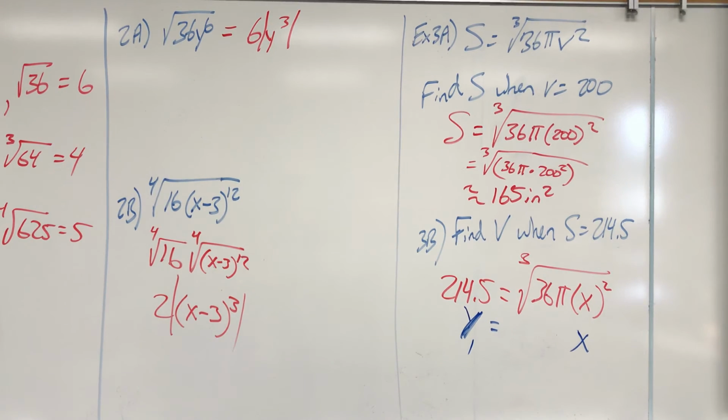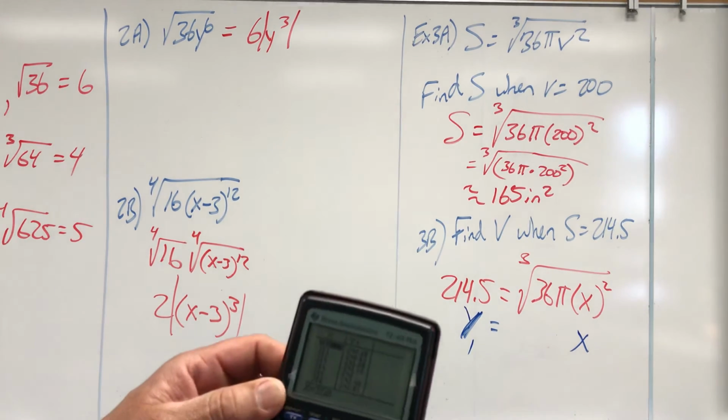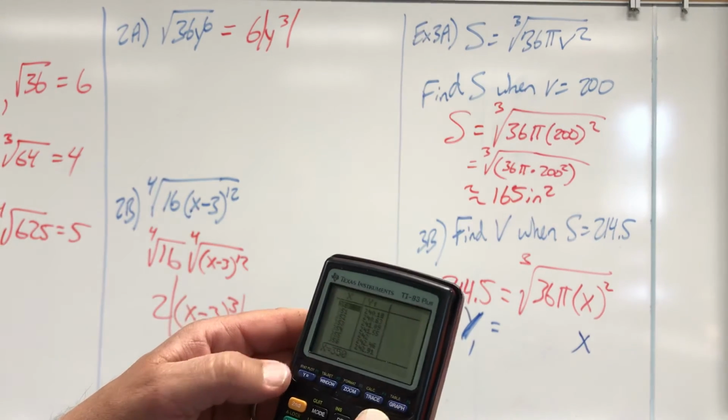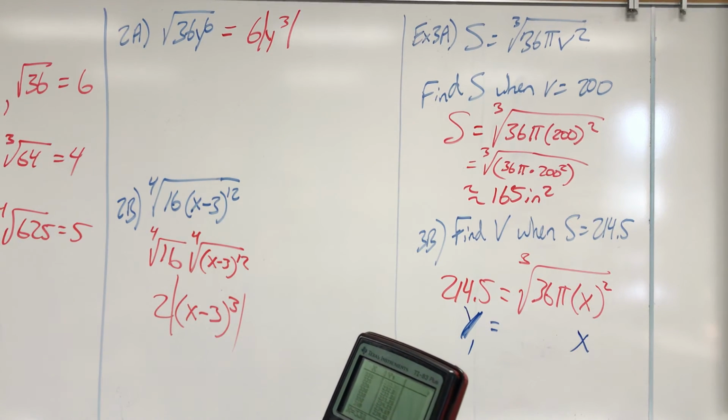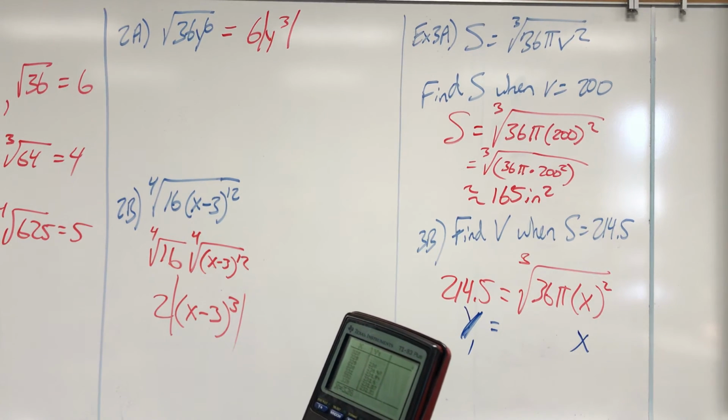So now I'm going to go to the table set, start my table at 350 and see what happens. Now I'm getting closer. I'm at 240. I'm over the top actually. So I'm going to scroll back, just keep scrolling back until I get to about 214 on my surface area.